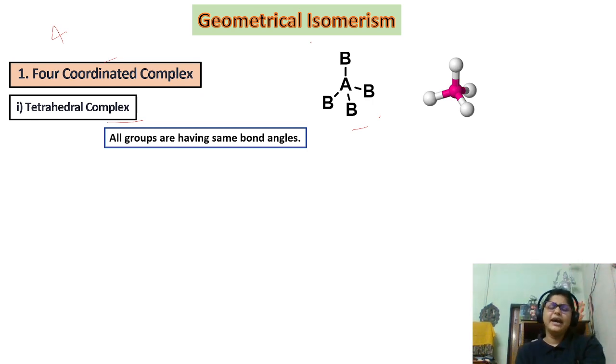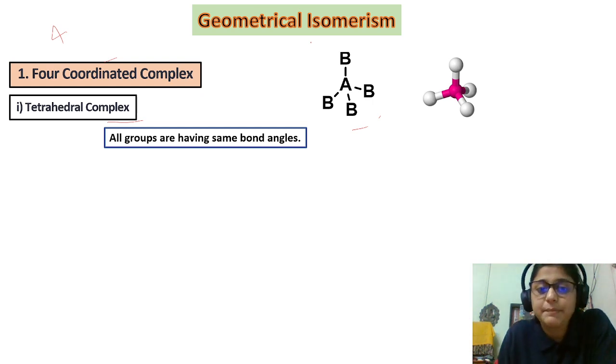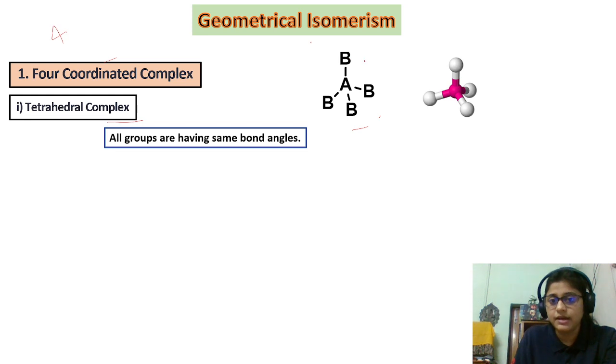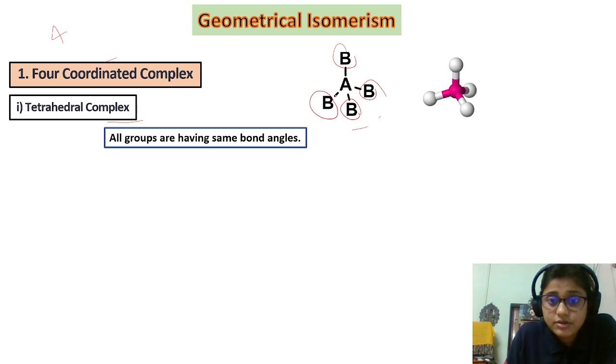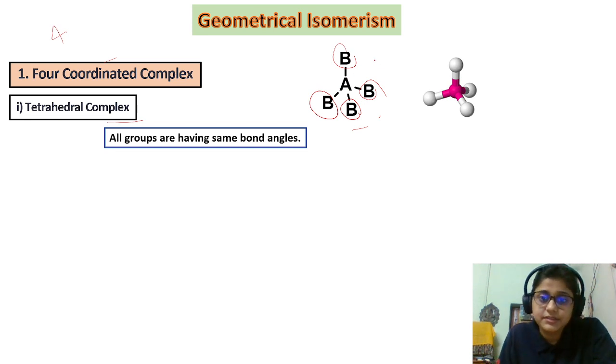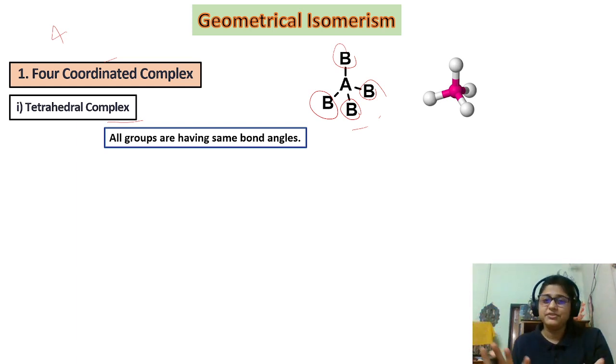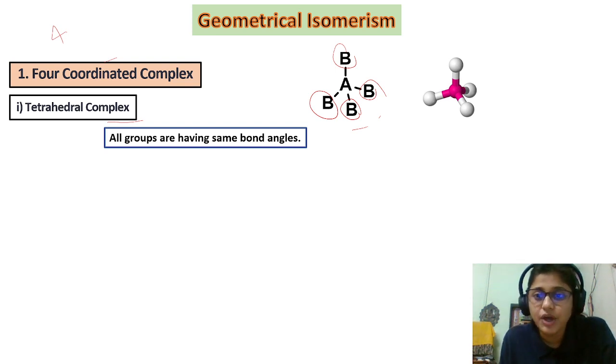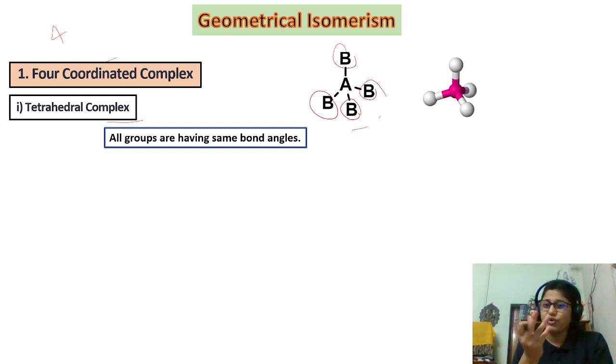But here for tetrahedral complexes, all bonds are having the same bond angles. So how can we differentiate that these are on the same side, these are on different sides, or the bond angles are not the same, right? The spatial arrangement will not be different. It can rotate, right?